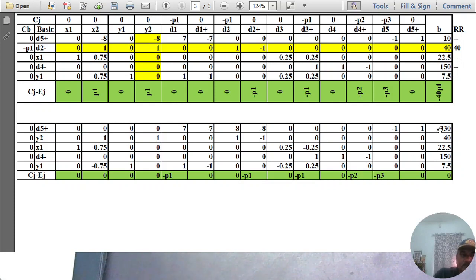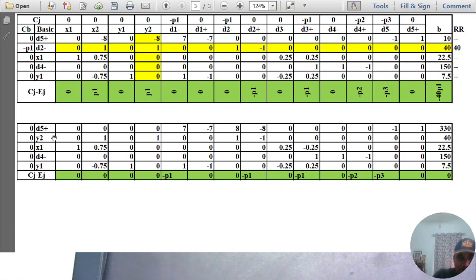The last goal was the profit. We want to make it as large as possible. So see here D5 plus. We wanted the value of D5 plus to come out much more than 200.